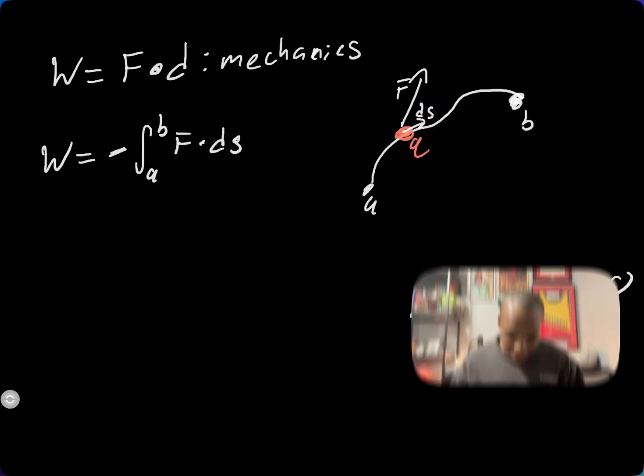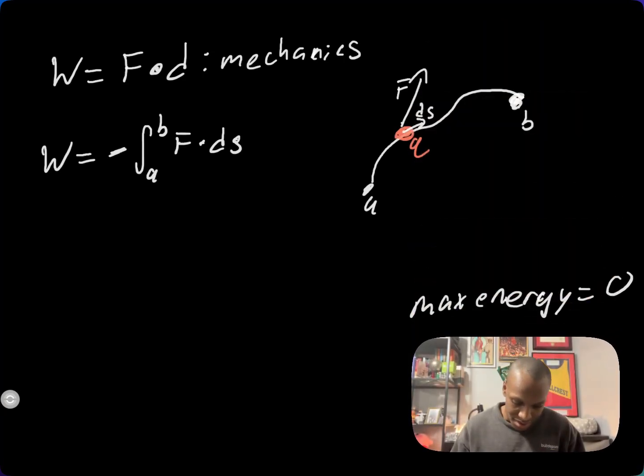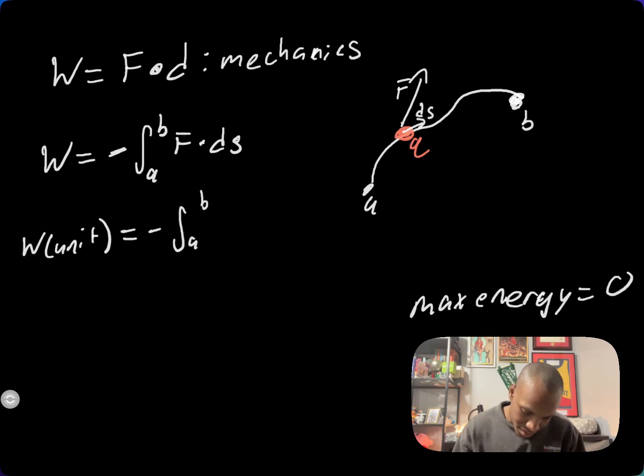Now, we can take this equation and make it a little bit simpler. Let's say W on a unit charge. That will give us pretty much the same thing, the integral from A to B, but now we have the electric field. This is the force generated by the electric field on the particle because we're using a unit charge.